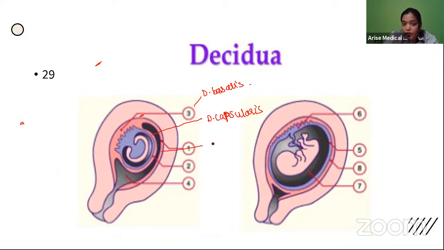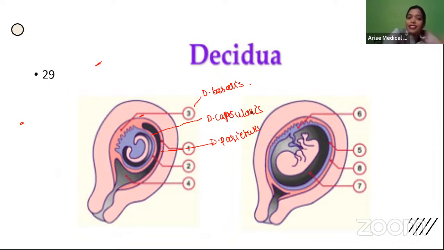The part of the decidua which covers the entire uterine cavity is the decidua parietalis. So we mainly have three things here: decidua basalis below the blastocyst, decidua capsularis covering the blastocyst, and decidua parietalis covering the entire uterine cavity, right?